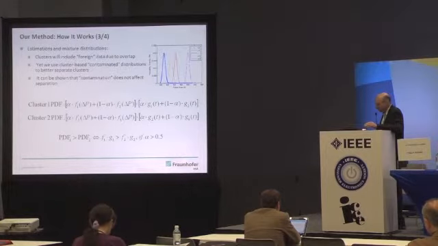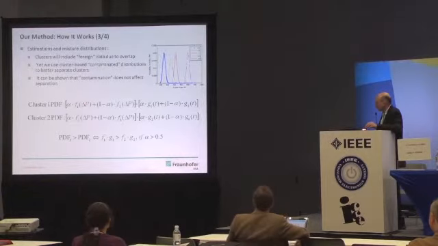Now, when we estimate the clusters, we need to remember that each cluster would include some foreign data. So essentially the distributions of power, for example, in time, would be mixed distributions.